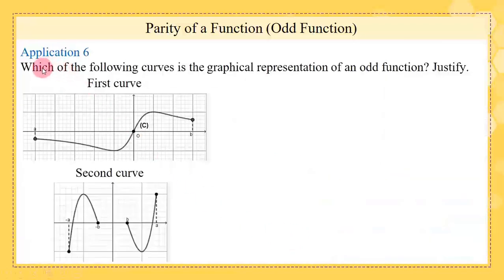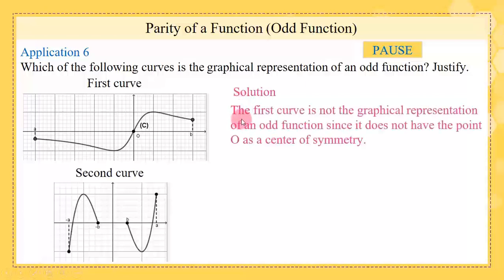Application 6. Which of the following curves is the graphical representation of an odd function? Justify your answer. Please pause the video and try to do it by yourself. Solution. The first curve is not the graphical representation of an odd function since it does not have the point O as a center of symmetry.